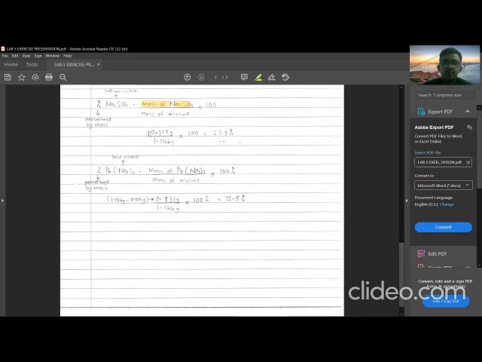So when we calculate, we will get 0.315 gram, which is the mass of sodium sulfate, over the mass of mixture, 1.146 gram, which is already given in the question, times 100. So we will get the answer 27.5% for the sodium sulfate.